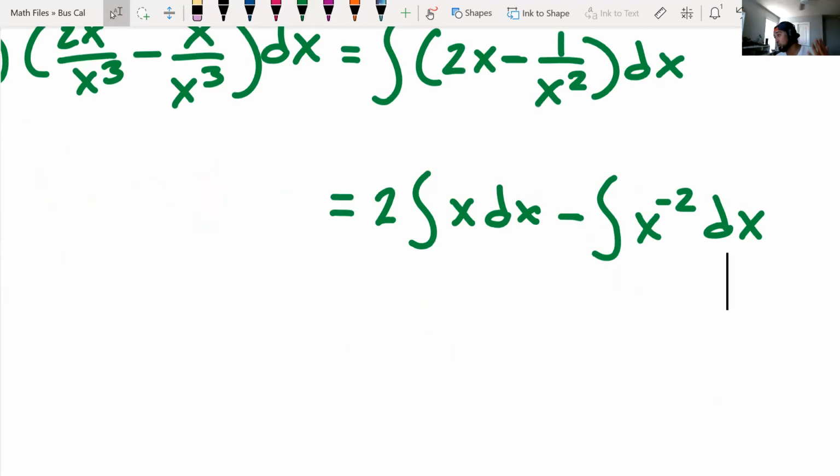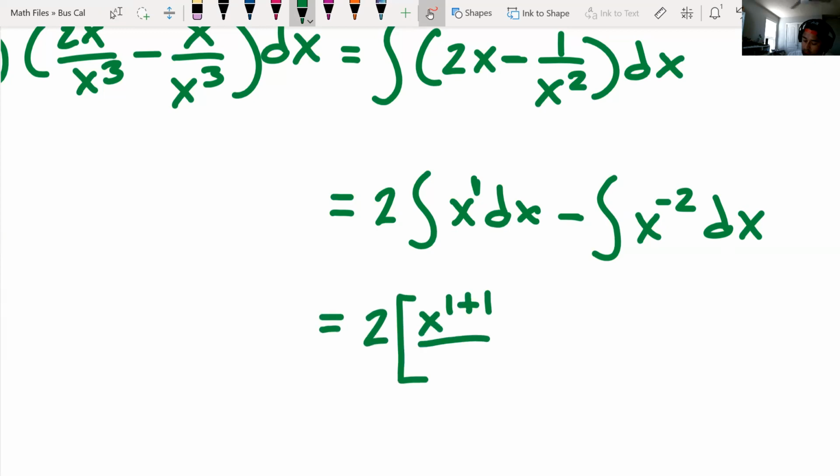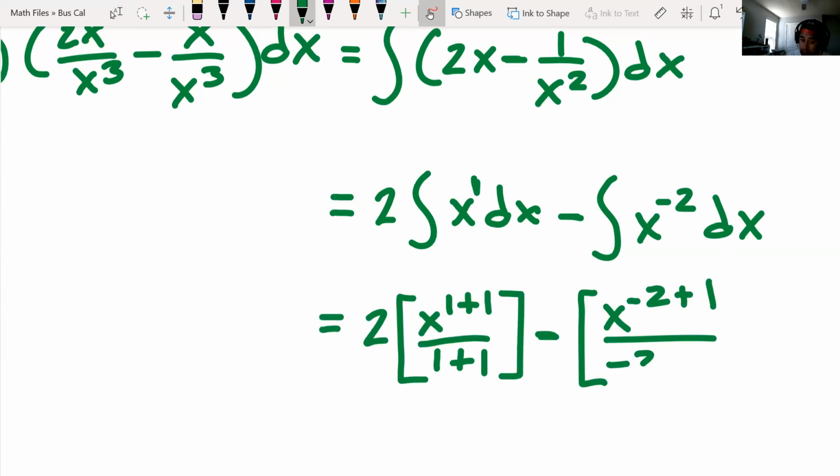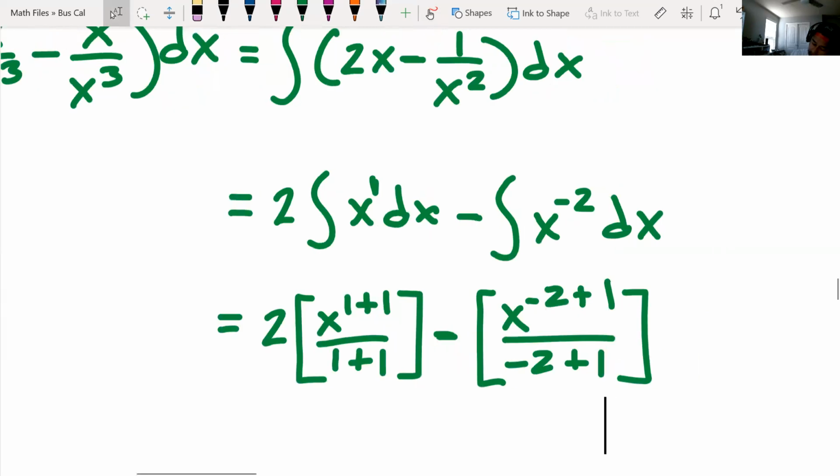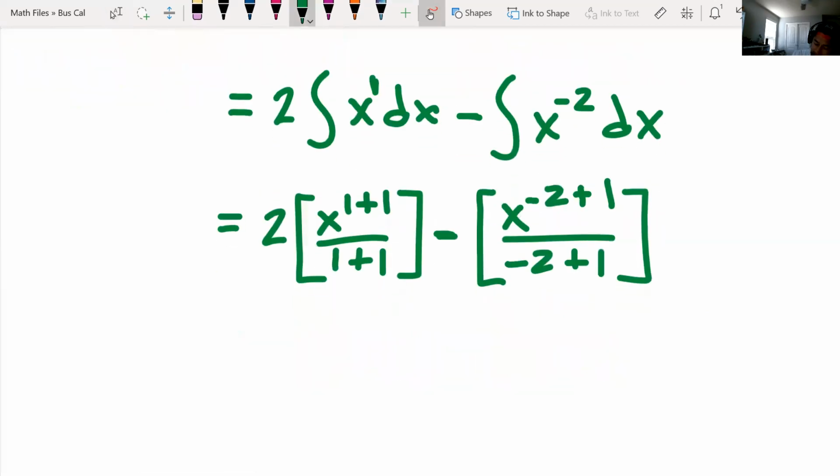And now we will power rule on both of these. So 2 times, so that's x to the first, and you'll get x to the 1 plus 1 over 1 plus 1 minus, and then I'll put a bracket there, x to the -2 plus 1 over -2 plus 1. Okay.